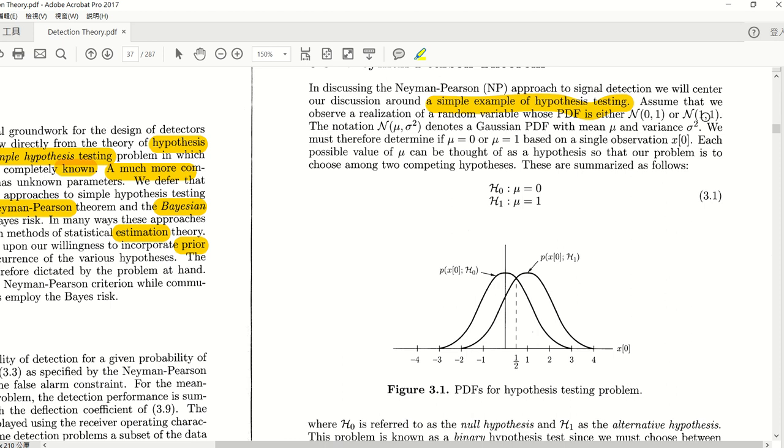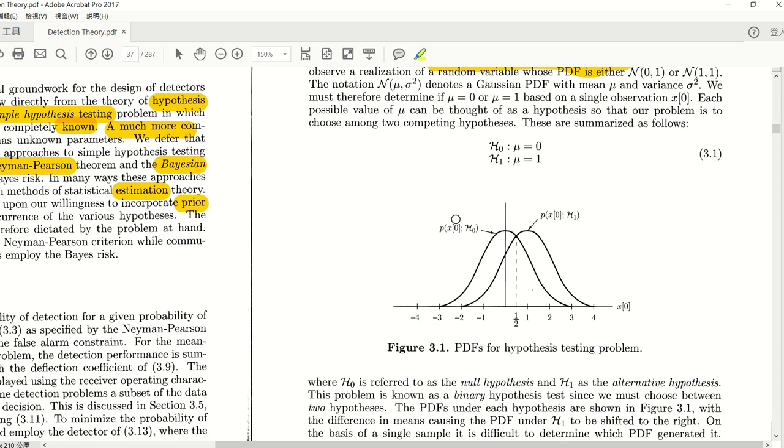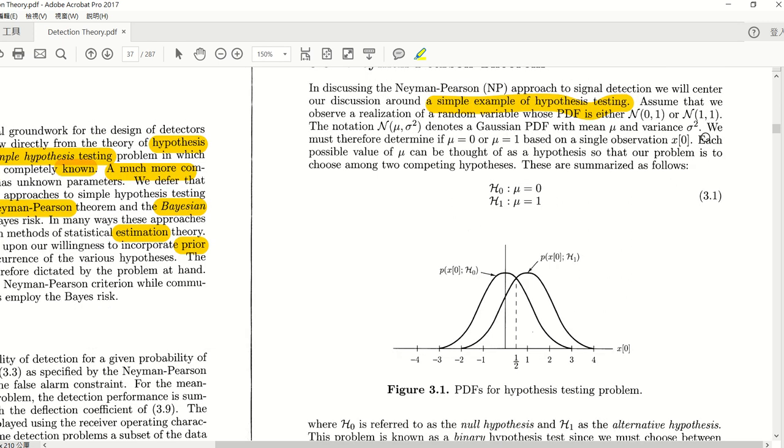Let's just keep this for now. So if p of x given H0, then it's what? It's distributed this way, so it will be N(0, 1).